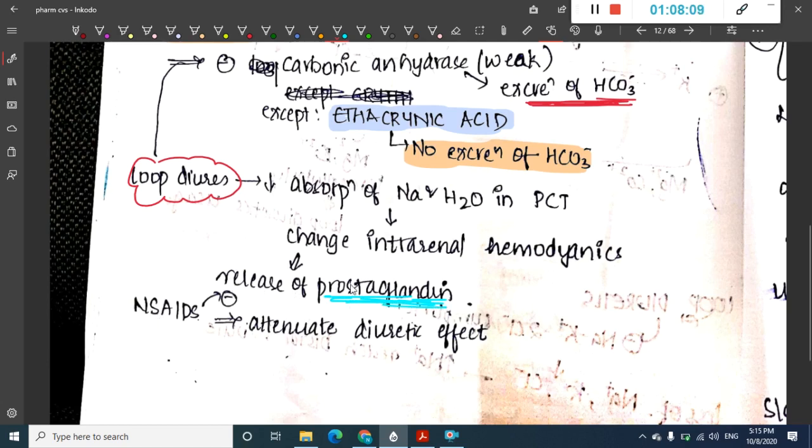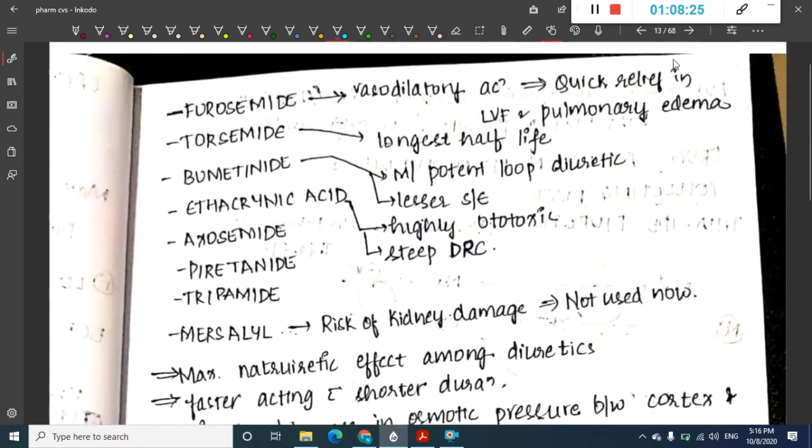NSAIDs will inhibit these prostaglandins, and thus they will increase the diuretic effect. So release of prostaglandins occurs due to loop diuretics.